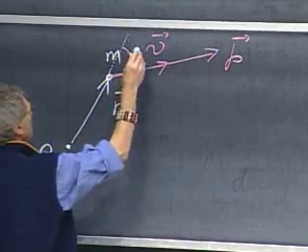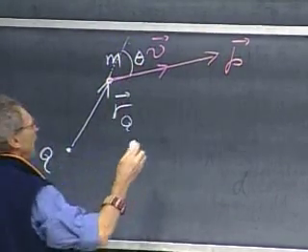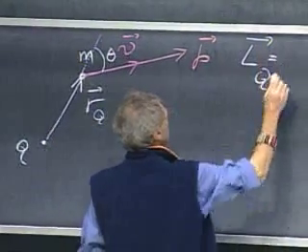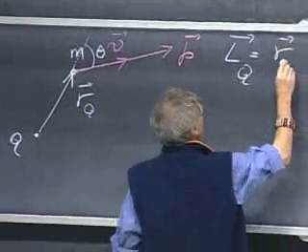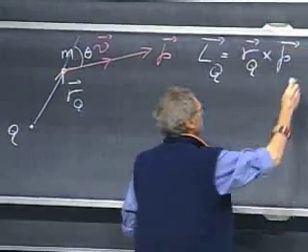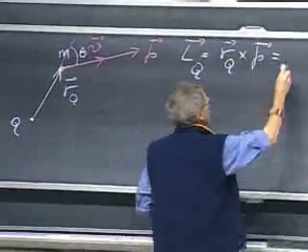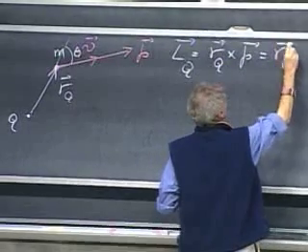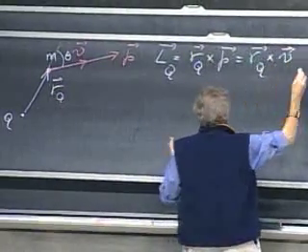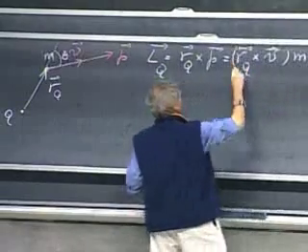Let this angle be theta. An angular momentum relative to that point q, it's a vector, is the position vector relative to that point q cross p. So it is r of q cross v and then times m.